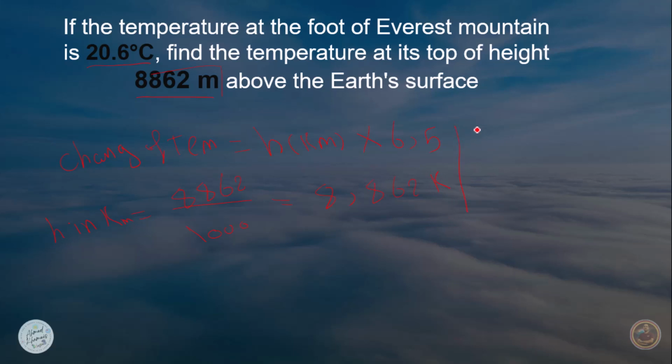So the change in temperature equals the height in kilometers, 8.862, multiplied by 6.5, which equals 57.6 degrees Celsius.